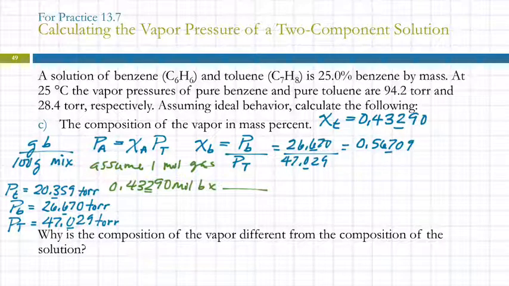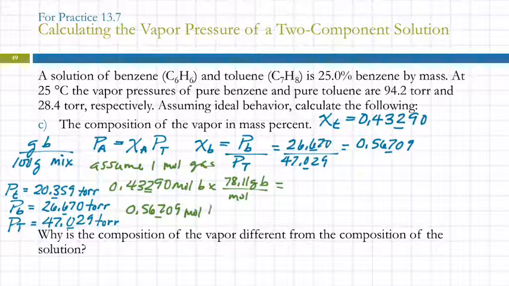So I have to convert that back, and that molar mass was 78.1 grams of benzene per mole. And I'm going to take the other mole fraction, 0.56709 moles of toluene. And I'm going to do that, 92.55 grams per mole.